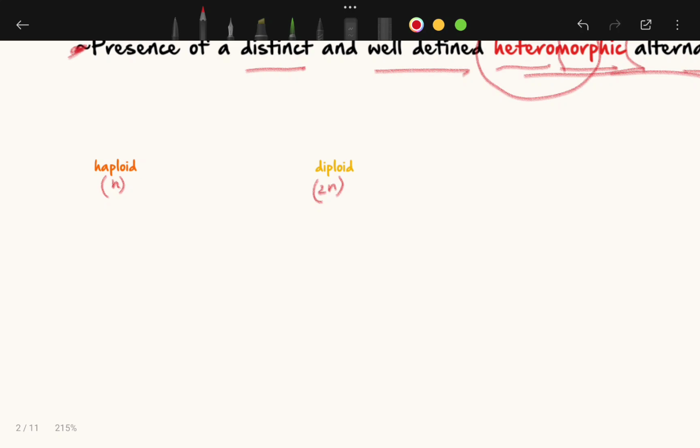The haploid stage is also called the gametophyte, and the diploid stage is known as the sporophyte. And in every plant, they alternate between these two stages.